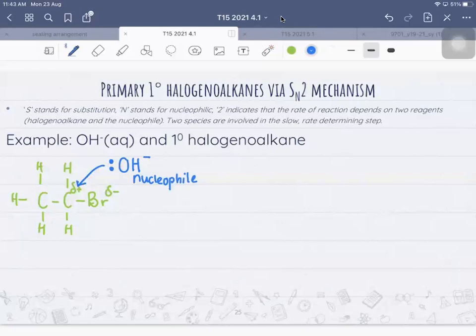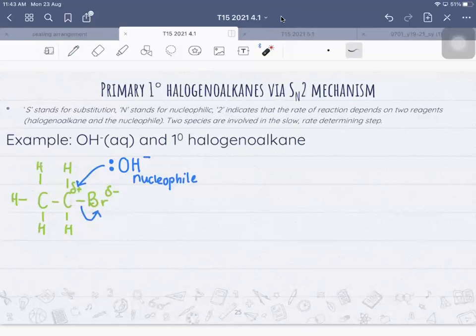And the bond that is broken is usually the weaker bond. The CH bond here will not be broken. This carbon-carbon bond will not be broken. It is the carbon-bromine bond. Plus, bromine has a higher electronegativity, which means a strong attraction towards the electrons in this green bond. Okay, so because carbon is now forming 5 bonds, the C-Br bond will break and the electrons will go to bromine.